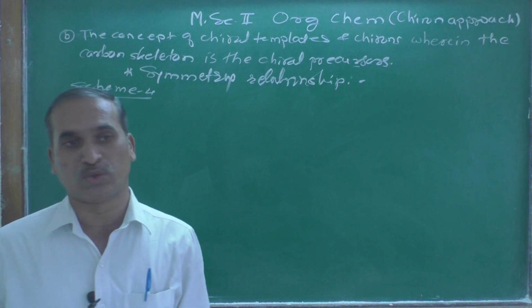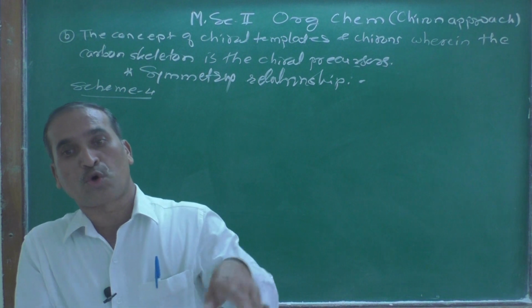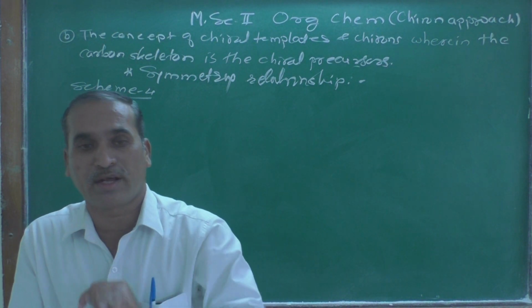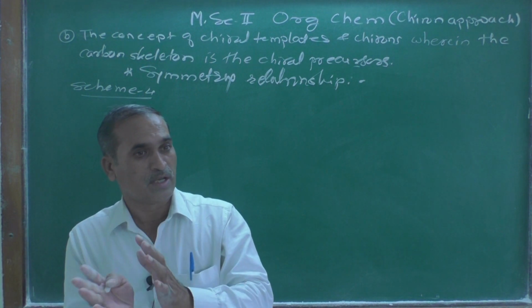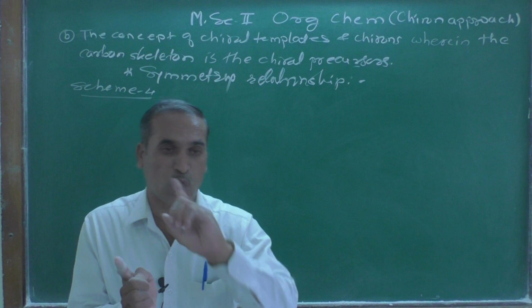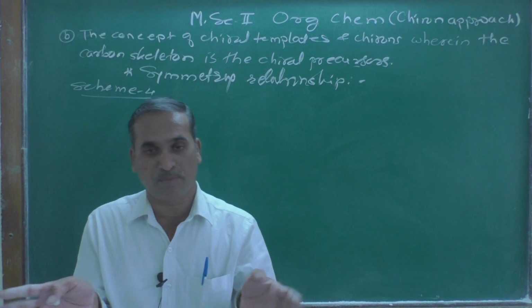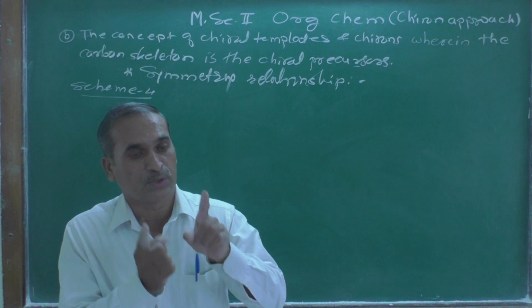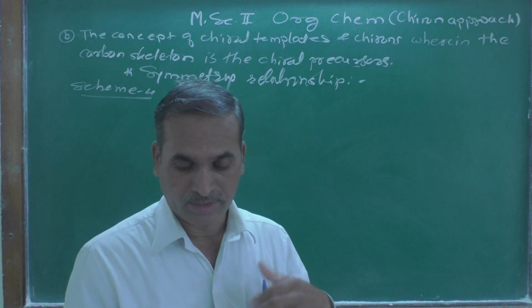These are the molecules we are going to learn their retrosynthesis, but through the Chiron approach. Because this retrosynthesis is not like a general disconnection approach, here you have to adopt the Chiron approach.